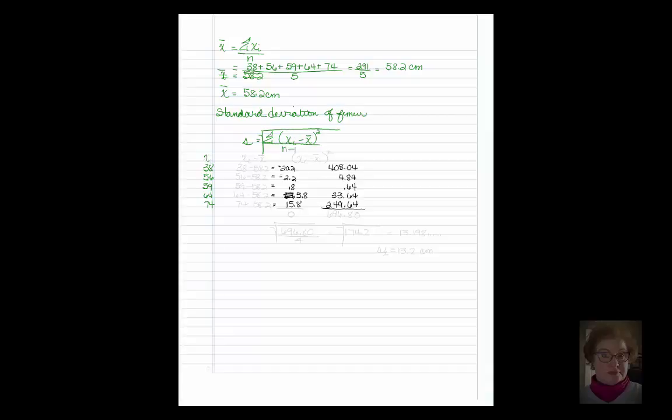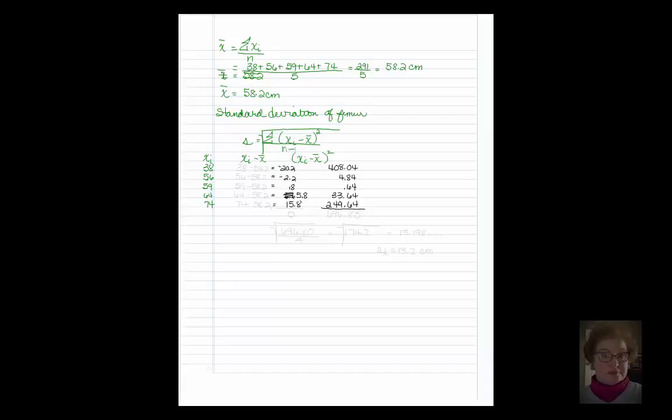So this is my x. Now I want to do my individual x minus the mean. Then I'm going to square it. And then I'll finish up.